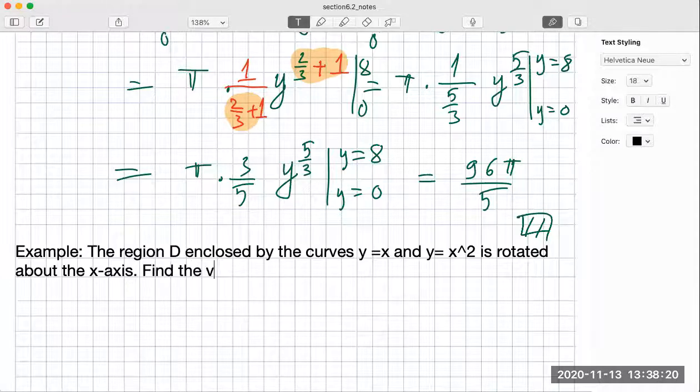Find the volume of the resulting solid. Okay.